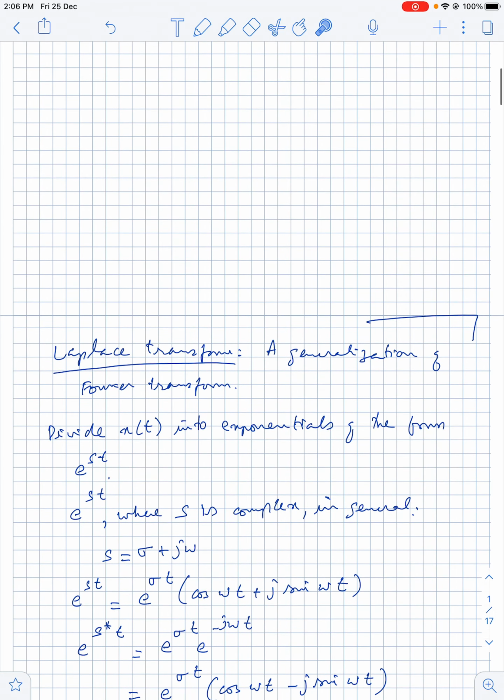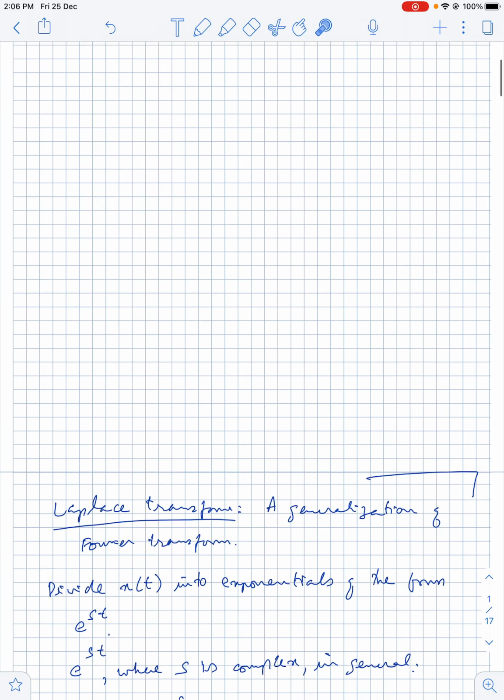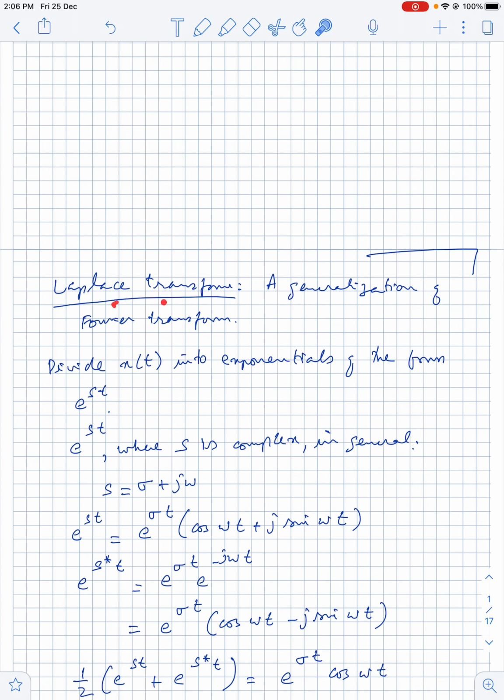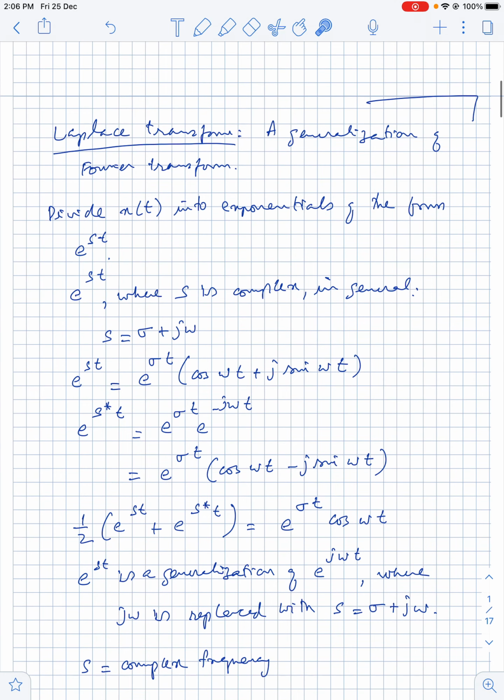So the main thing is that x of t we are representing in terms of e raised to j omega t. The Laplace transform in that sense is a generalization of the Fourier transform. Instead of representing x of t in terms of e raised to j omega t, we are representing x of t in terms of e raised to st, where s is in general a complex number, s is sigma plus j omega.